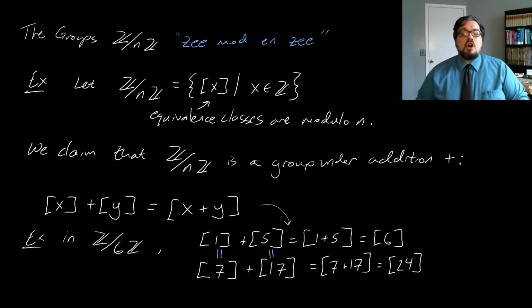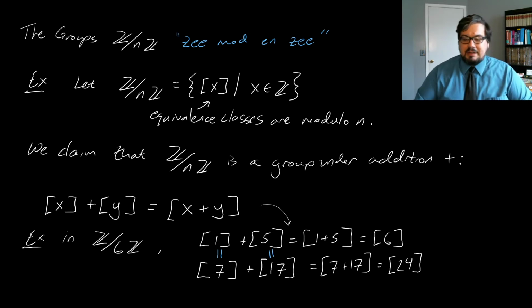Now, we started with a pair of equivalence classes and added them together. Then we took those same equivalence classes but written a different way and added them together. In order for things to make sense, we should get the same equivalence class at the end. And you'll see that in the first case, we got the equivalence class of 6.